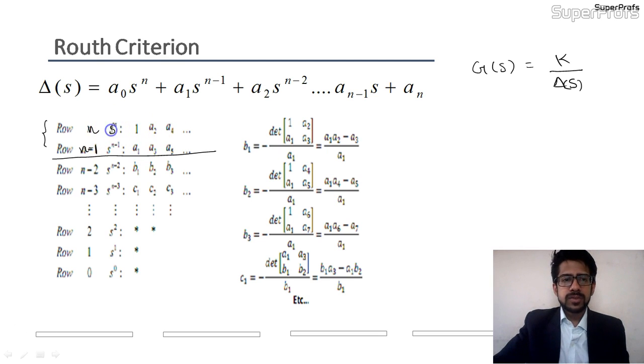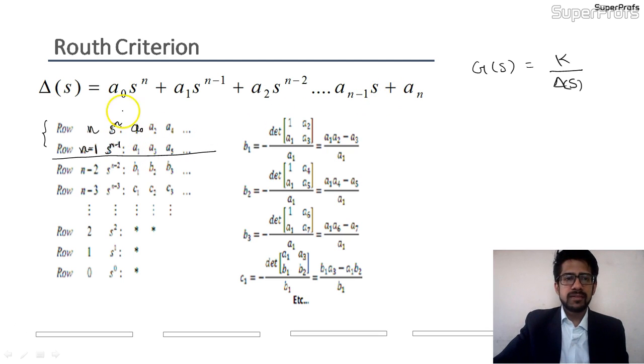You write s raised to n and s raised to n minus 1, and we will write down the coefficient of s raised to n, which is a naught, and then write down the alternate coefficients till it gets exhausted.